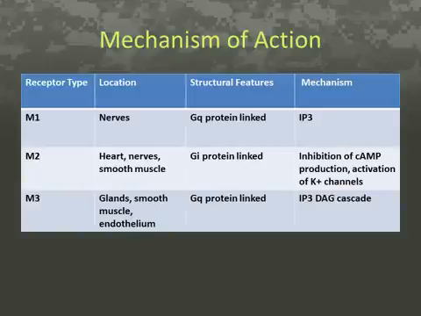That means that they work by the mechanism of the IP3 to DAG cascade. M2 receptors are Gi protein linked. They work by inhibition of cyclic AMP production and activation of potassium channels.